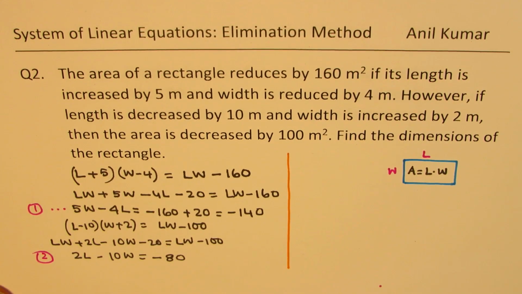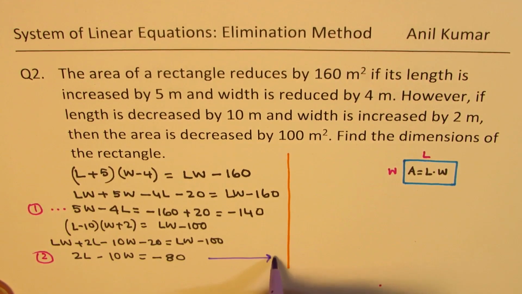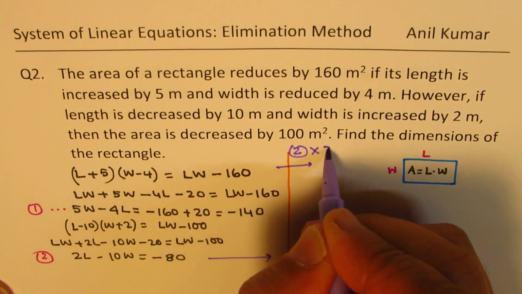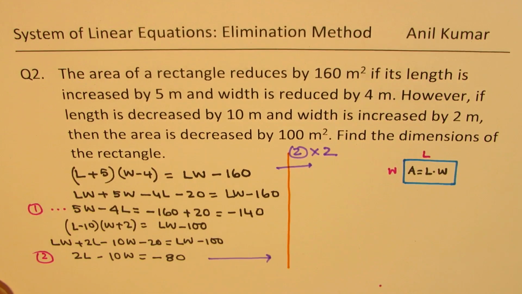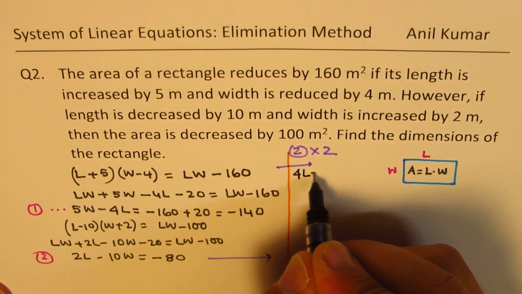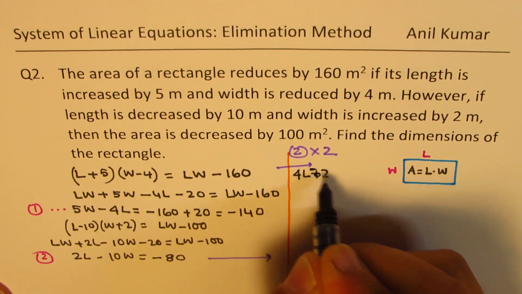So what we can do here is, let us say we want to eliminate the length part, right? That is easier. We can multiply 2 by 2, right? So we'll multiply our equation number 2 by 2 and rewrite.